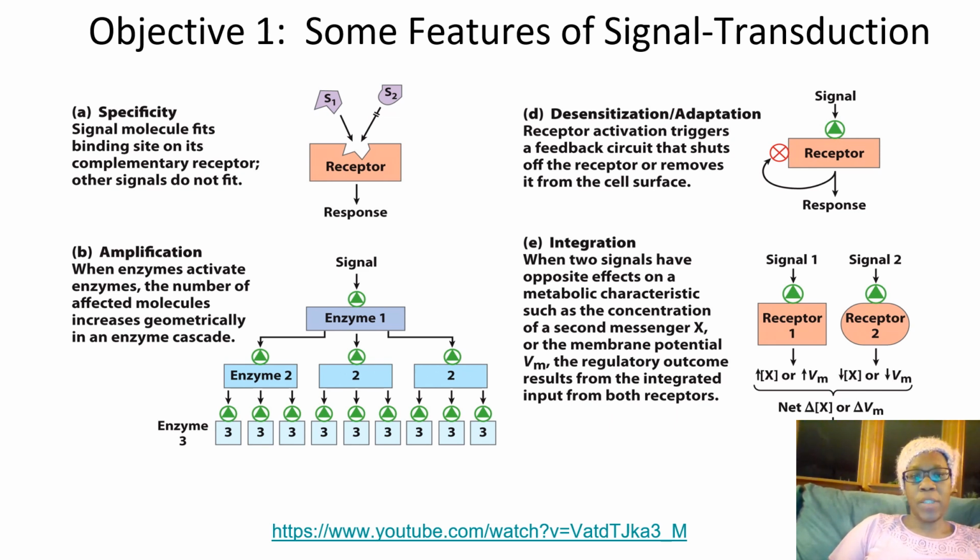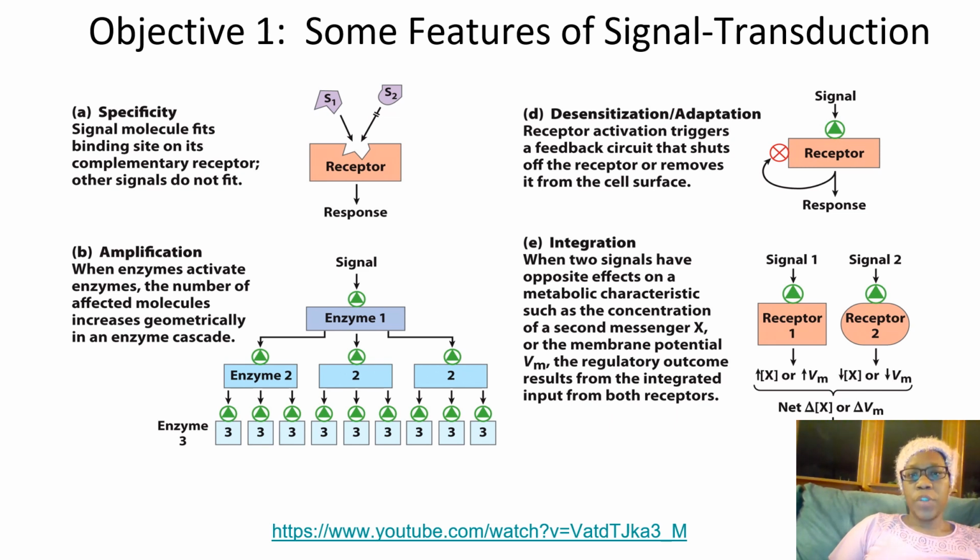A second messenger is created. That enzyme could create many, many second messengers. And those second messengers can go on to activate many other enzymes. And then other enzymes will be activated. And that just completes a cascade of events where one signaling molecule can activate many, many enzymes upon activation.